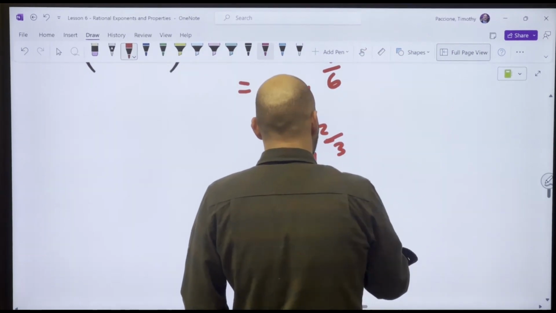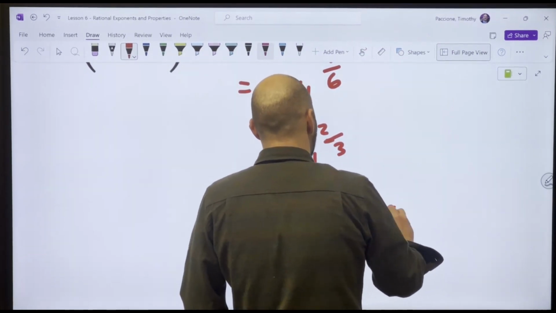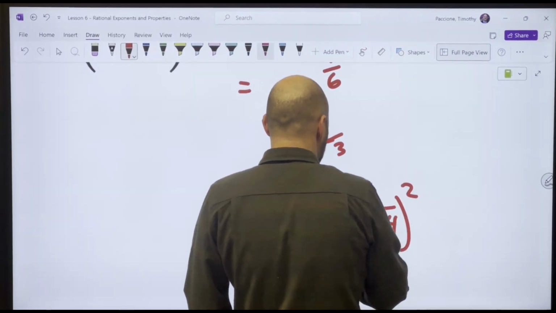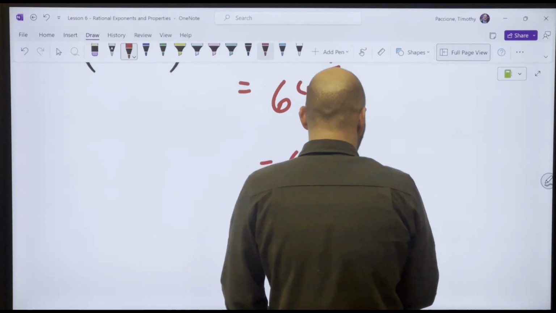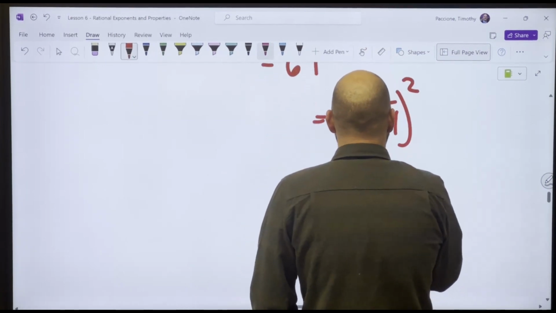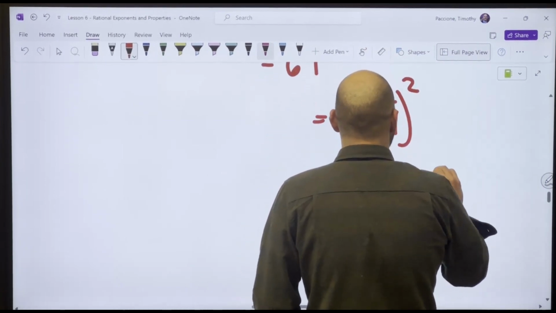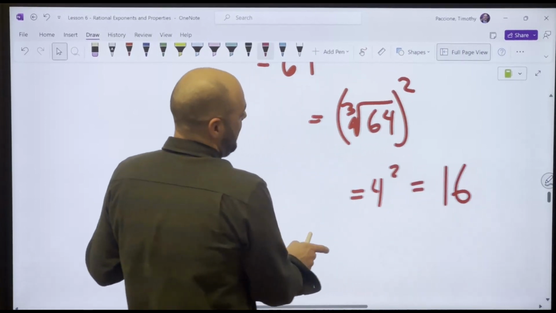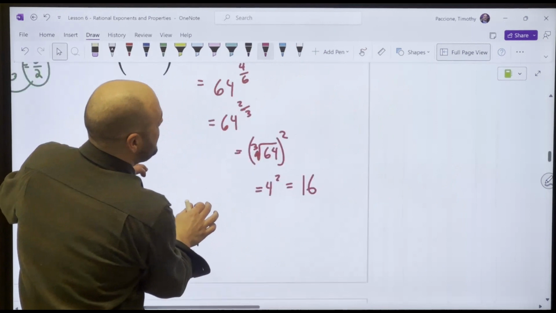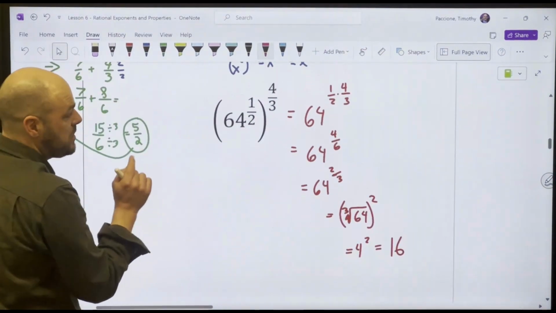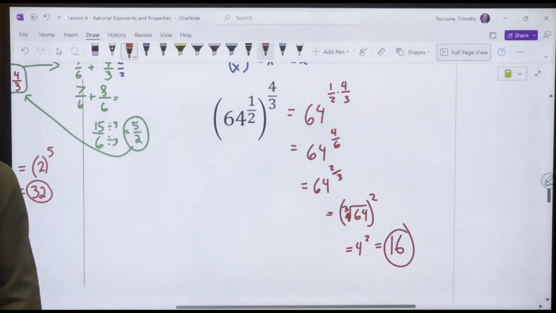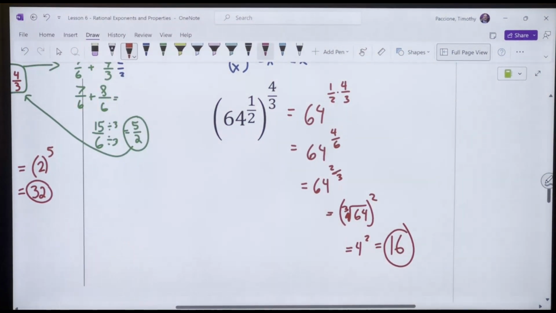So this is the 3rd root of 64 squared. And the 3rd root of 64 is what? 4. Very good. 4 squared is 16. You gave me the hard one. All right, so that means that 64 to the 1/2 to the 4/3 is 16, right? You can do some pretty crazy things here, right?